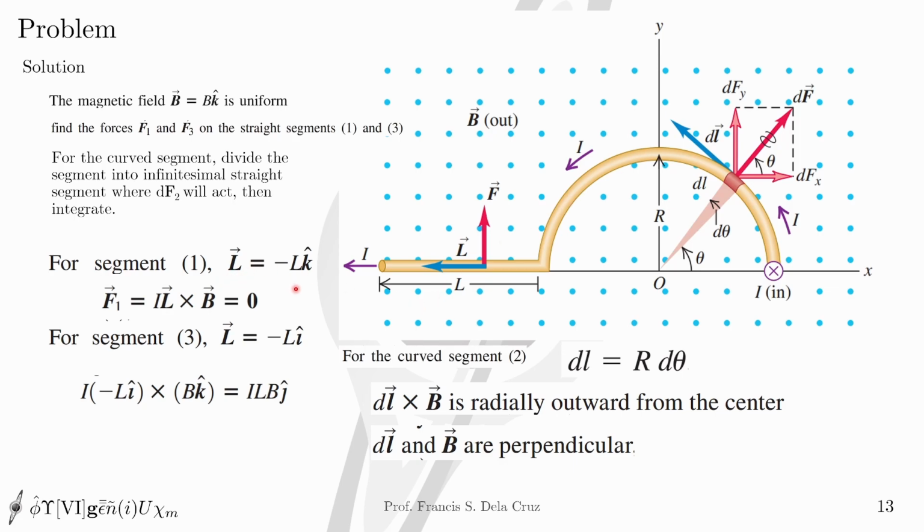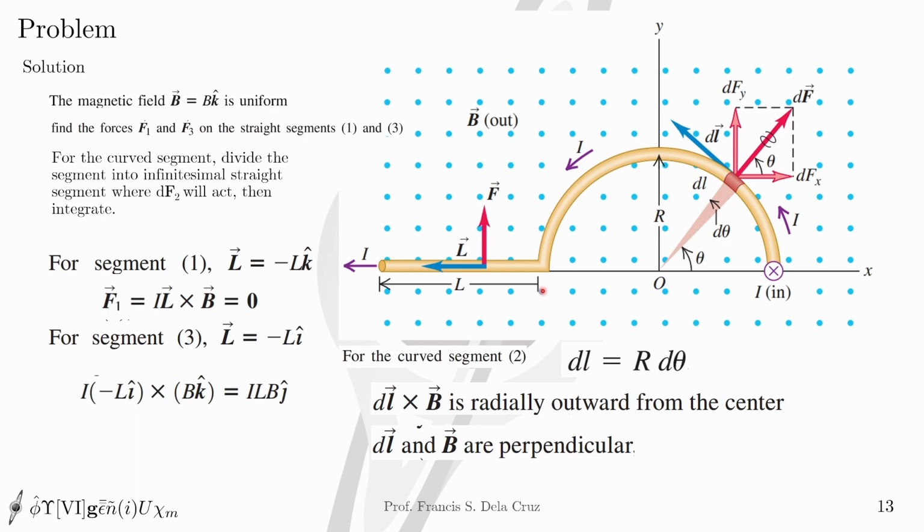For segment number 1, we can see that L is equal to negative L k hat. It means that the entire length of this wire is parallel or anti-parallel to the magnetic field. That's why if we take the cross product of this wire segment with the magnetic field, the answer would be equal to 0. For segment number 3, we can see that this is directed towards the negative x-axis.